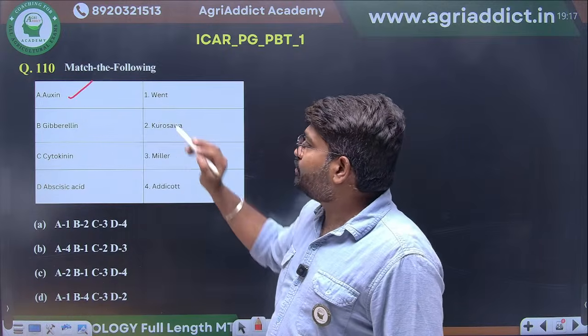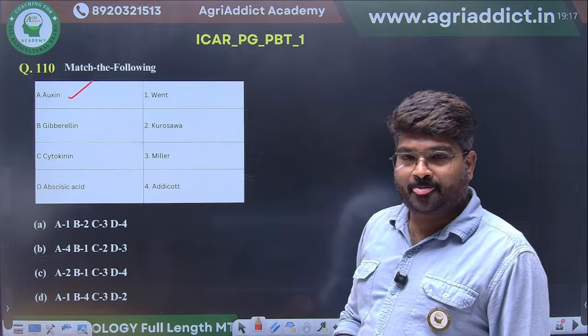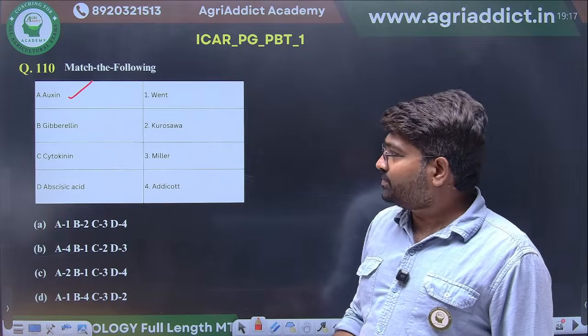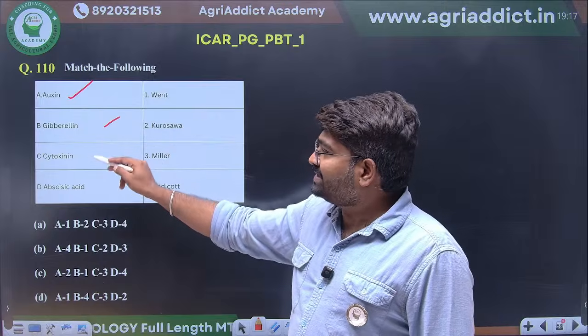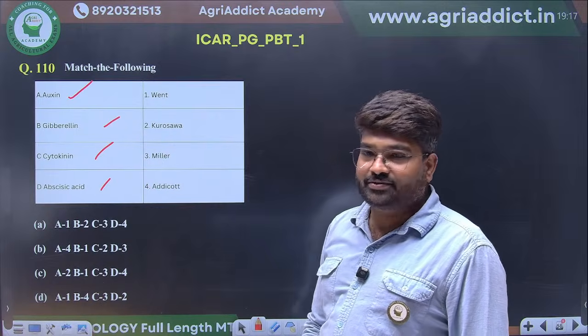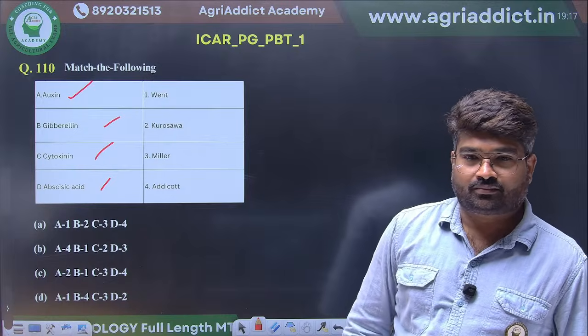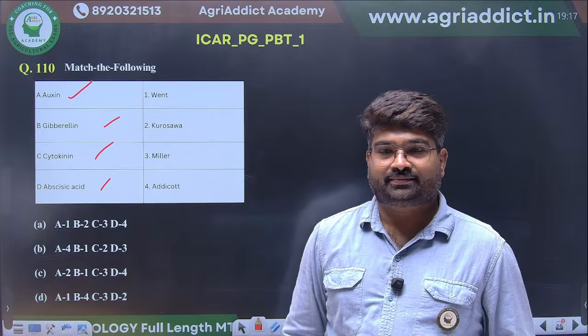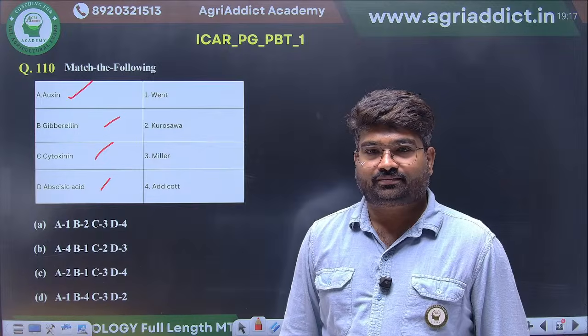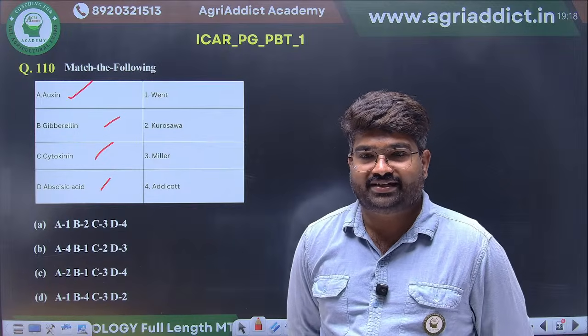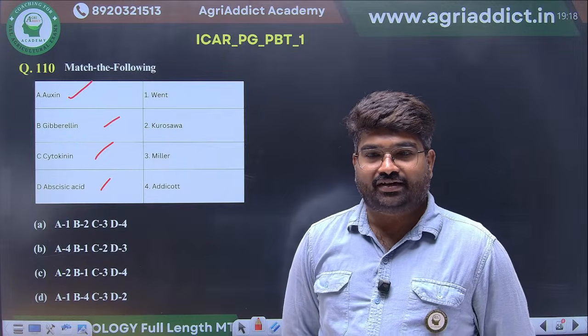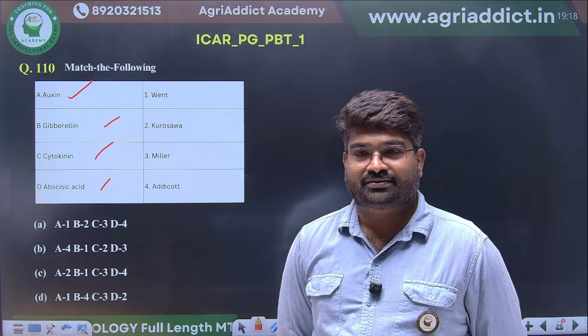Auxin. Who gave the name auxin? Auxin, gibberellin, cytokinin, abscisic acid. All the names we have discussed. Solve this question, students. I need just the options. Which is correct, which is not correct?